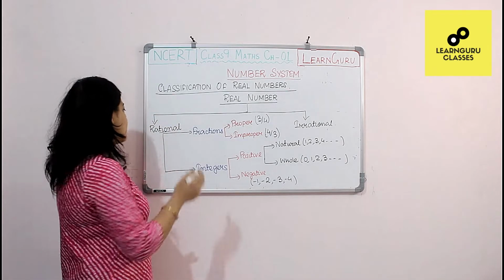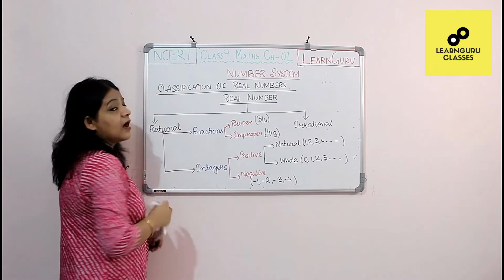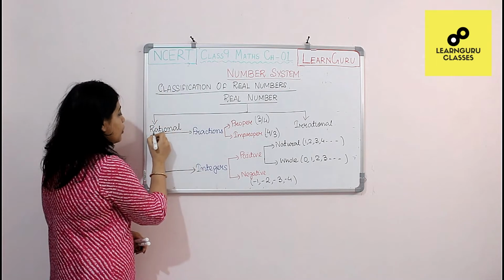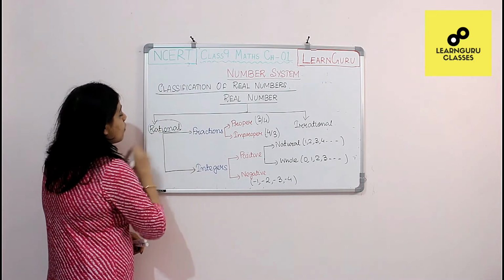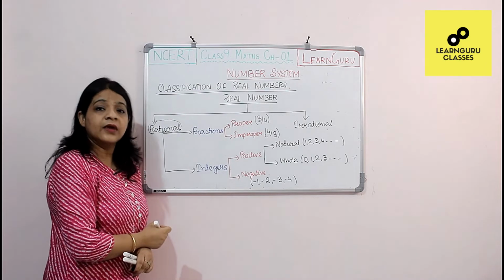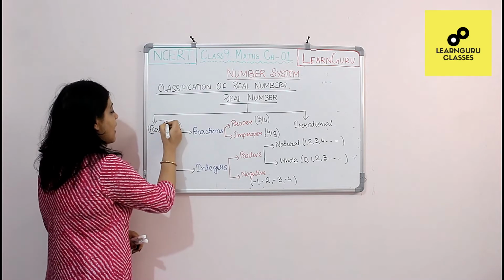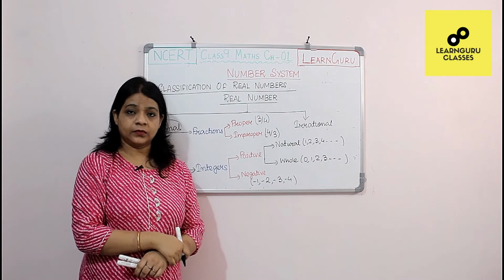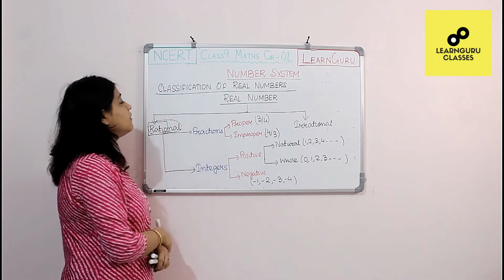Okay, so let us come to what is a rational number. If you take a look at the word rational, it has been derived from the word ratio. Okay, so how does a ratio look?